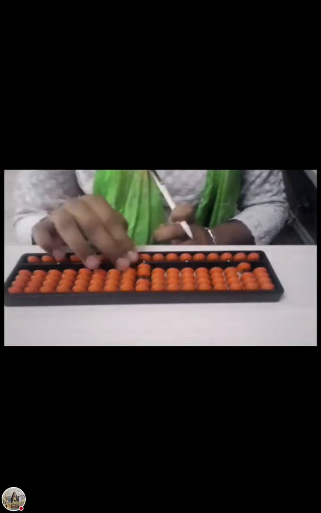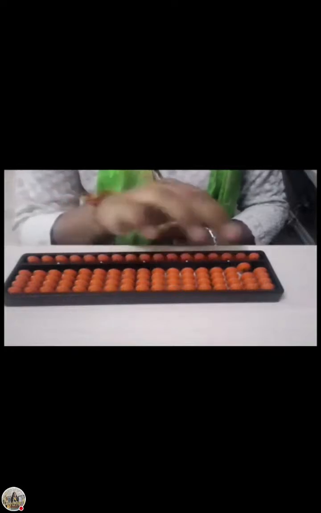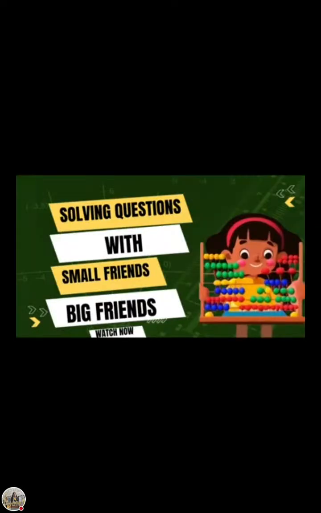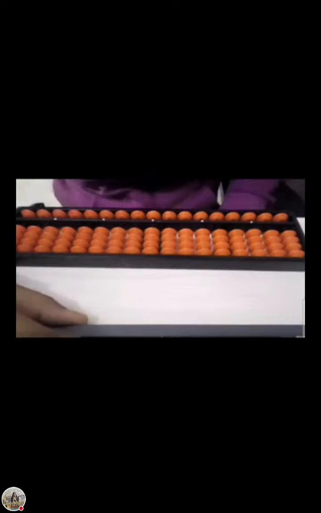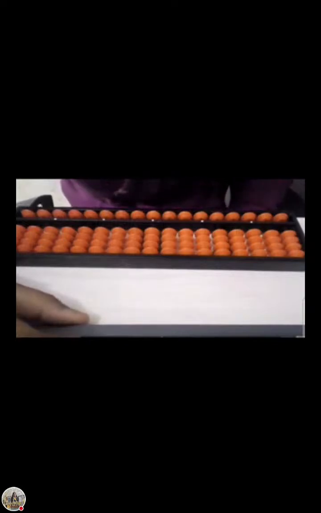Okay. Let's start solving questions with small friends and big friends. Previously, we went through the concept of small friends and big friends, which means going through the formulas and seeing how we actually apply them in practice.